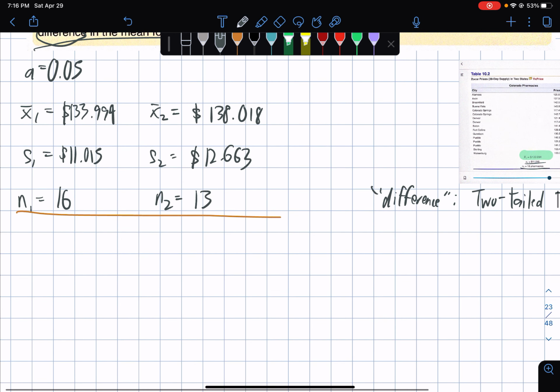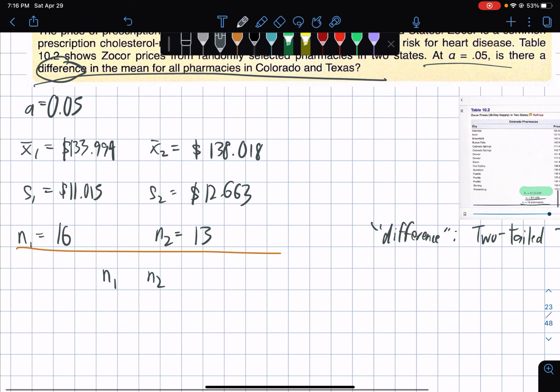Provided that n1 and n2, I think they're roughly the same, don't you think? 16 and 13. Although the three-number difference might be significant, the claim may be debatable, but for s1 and s2, they're roughly the same.